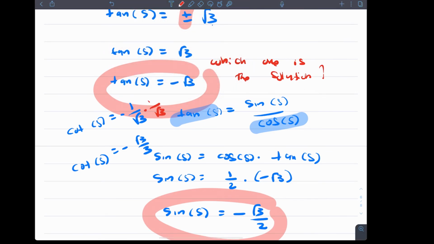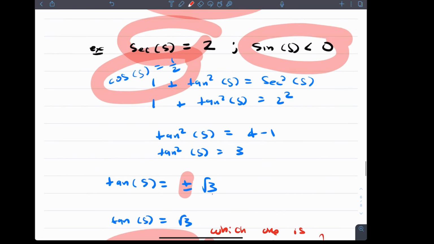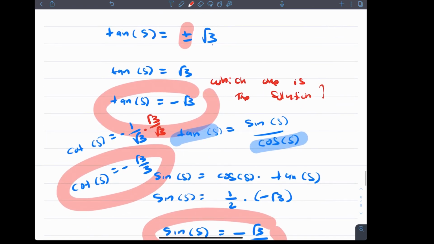Rationalize the denominator. Is that right? Tangent, cotangent, sine, cosecant, secant, cosine. There it is, ladies and gentlemen. All 6 trig identities here. Easy breezy.